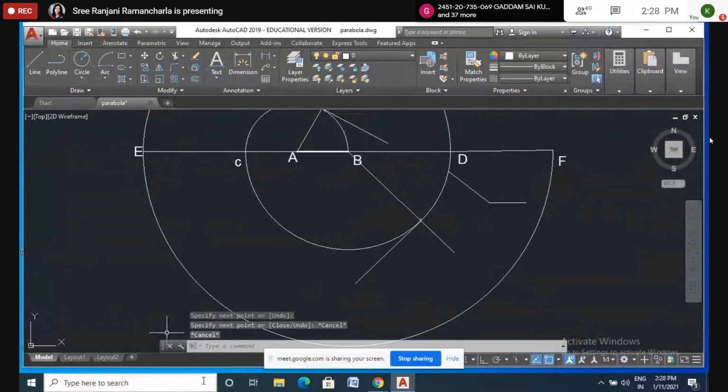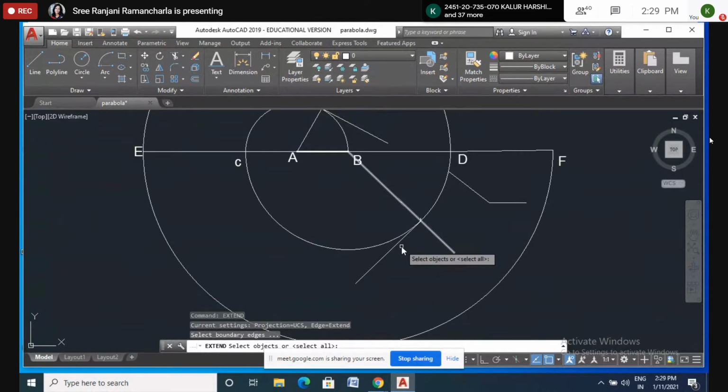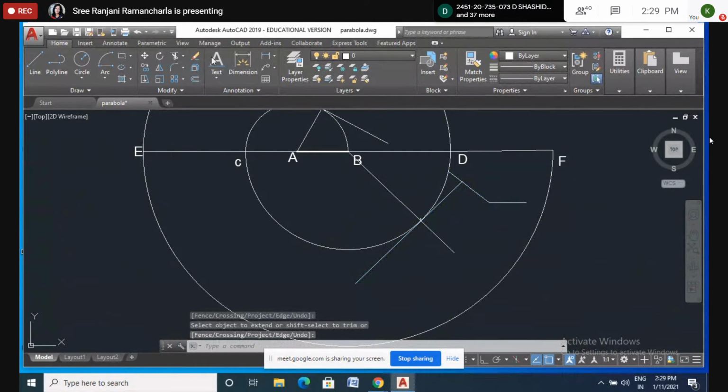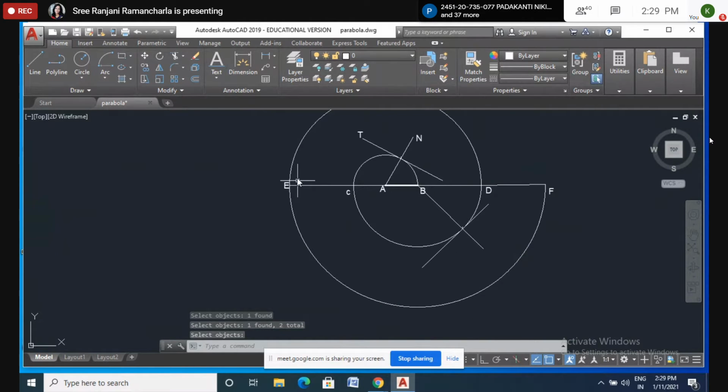So extend. Yes, now I will remove these two lines. So now we got the normal and tangent on this curve. Like that you can form the normal and tangent if you want for this curve.